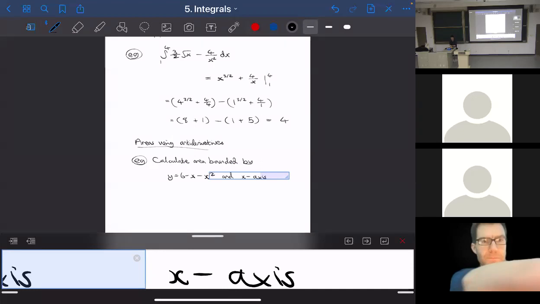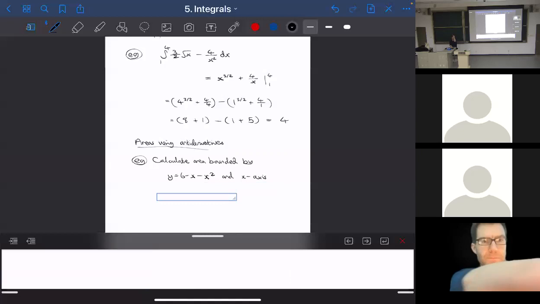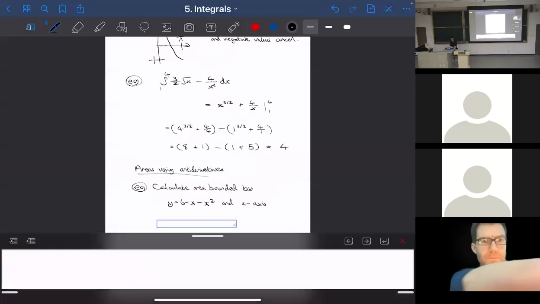Okay, so questions are often phrased like this, and to understand what that means, we have to sketch a graph first. So the axis of this parabola is x equals minus a half.